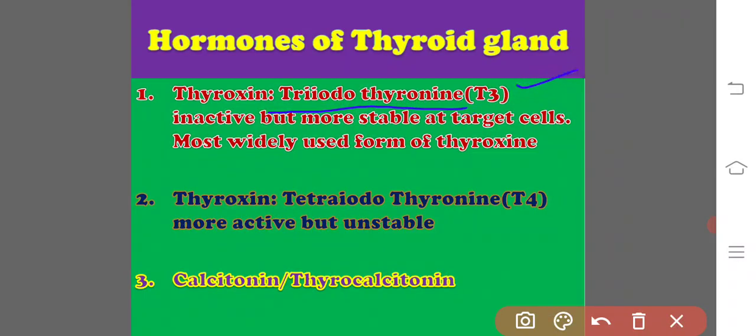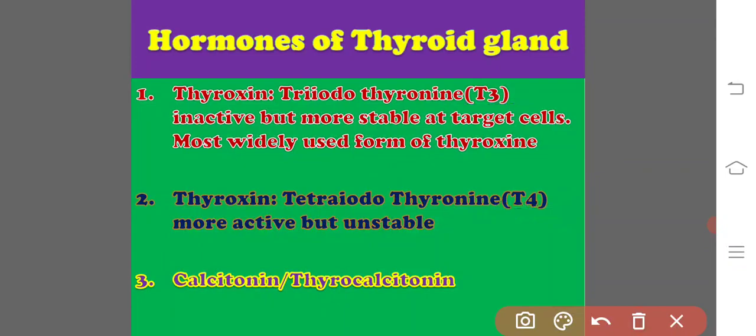Triiodothyronine has three iodine molecules attached to the tyrosine. Another one is T4, tetraiodothyronine, where four iodine molecules are present. Triiodothyronine is commonly called T3, and tetraiodothyronine, T4.